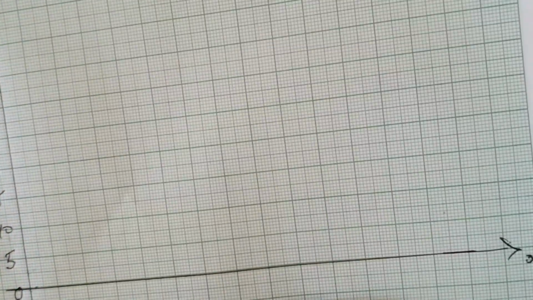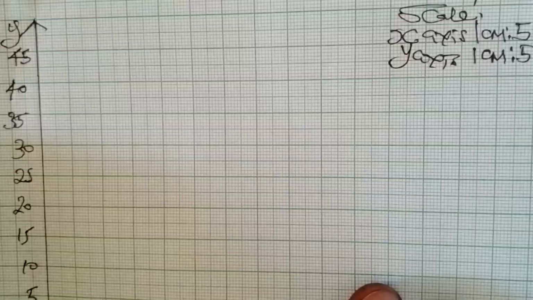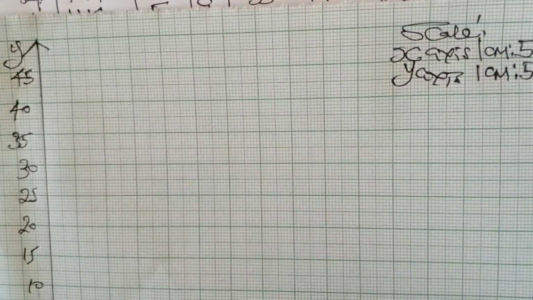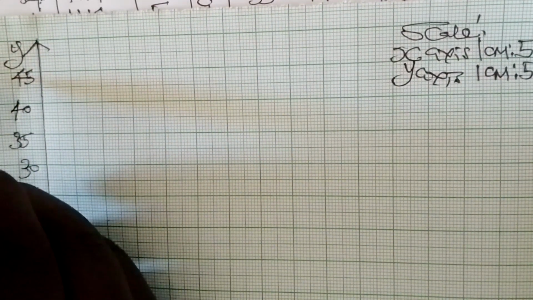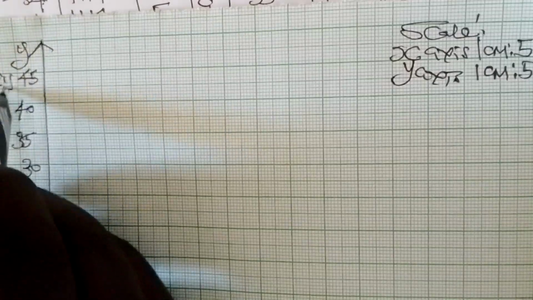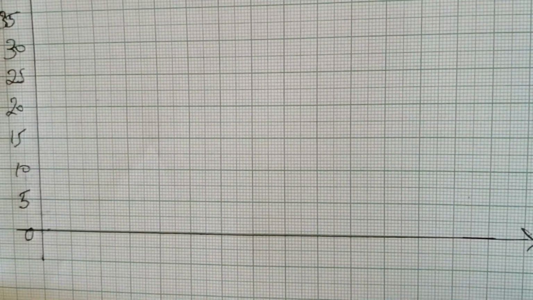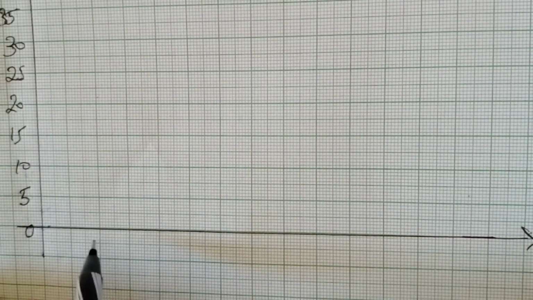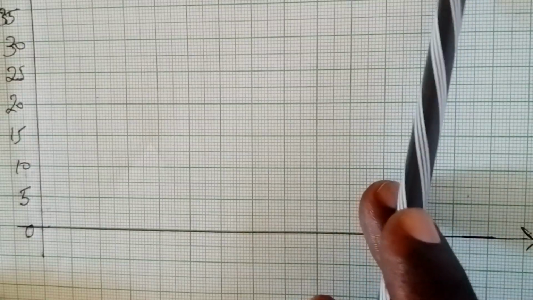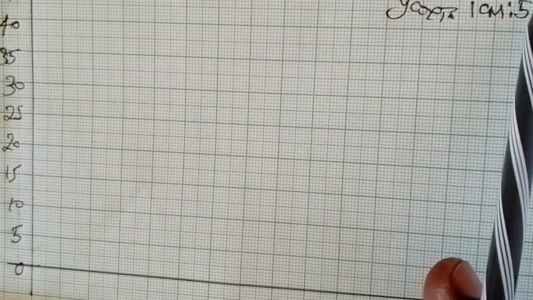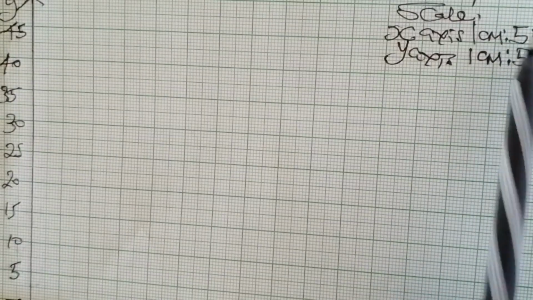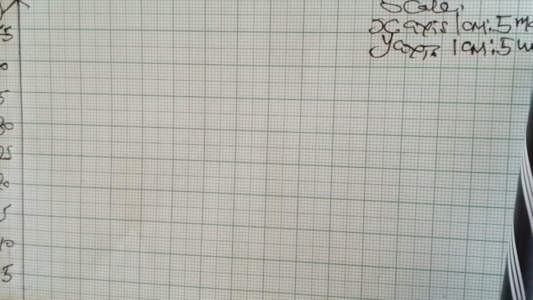And then for the marks, remember we said this one will be the cumulative frequency, and here we shall have our marks on the x-axis. So 0 on the x-axis, 1 centimeter we've said represents 5 marks.